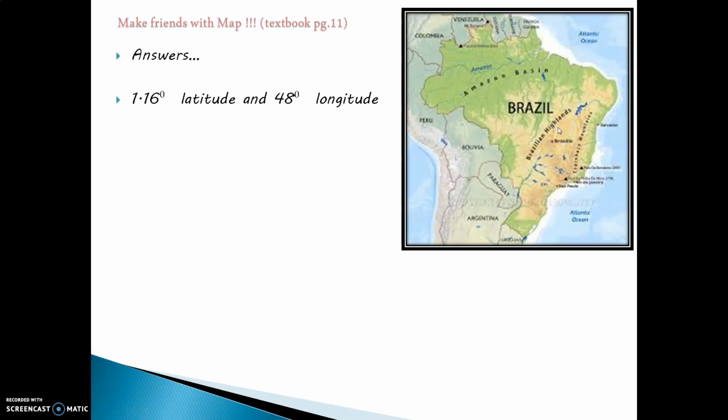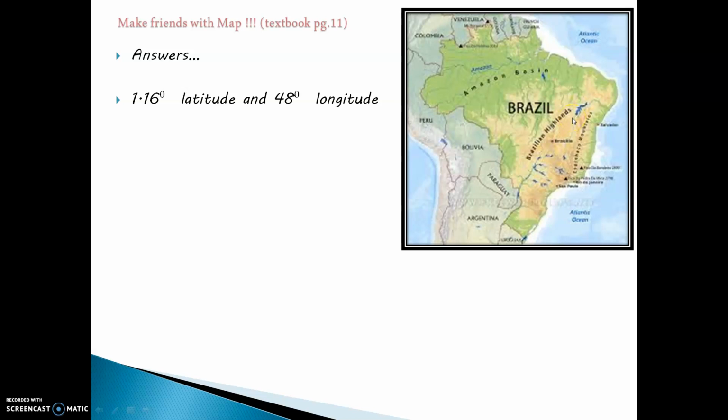Answers. First question says, which latitude and longitude define the location of the capital of Brazil, Brasilia? The answer is 16° latitude and 40° longitude. When this is not very clear, you can use your textbook where you will find the name. Brasilia is written over here, and it lies on 16° latitude and 40° longitude.